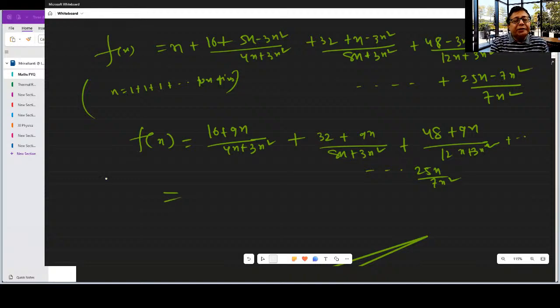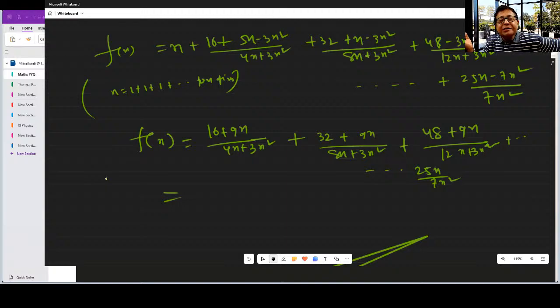Do you find any symmetry over there? Check. Those are increasing, no? 16, 32, 48, and denominator 4n, 3n square like that. So find the nth term of 16, 32 and 48. Just find the nth term. Last time you have to write properly.